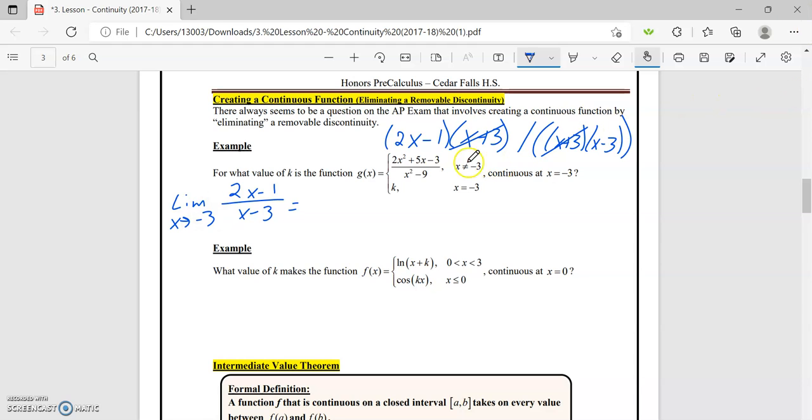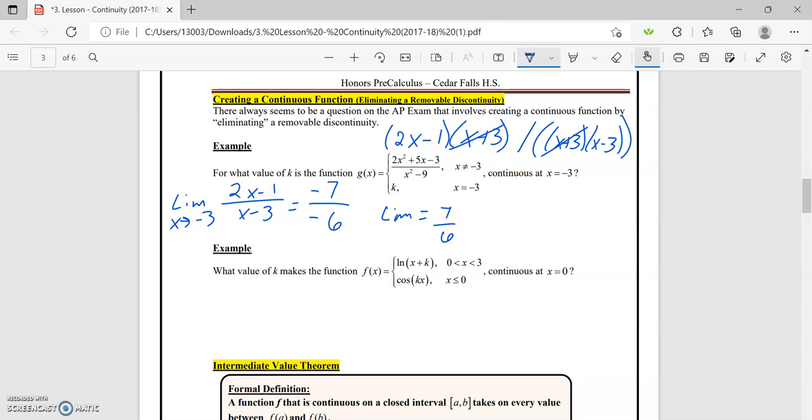All I'm doing is taking the original function, factoring it, and reducing out the x plus 3's. If I want to know the limit at negative 3, I plug it in and get negative 7 over negative 6.